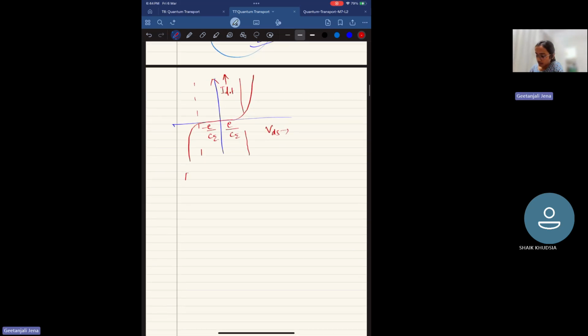You can easily guess what the effect will be, because we have already seen the effect of gate voltage in the single electron box case. The effect of gate voltage for this single electron transistor is similar to what you have seen in the single electron box. The main difference is that in this case, because there is a source and drain, we'll see a current response.